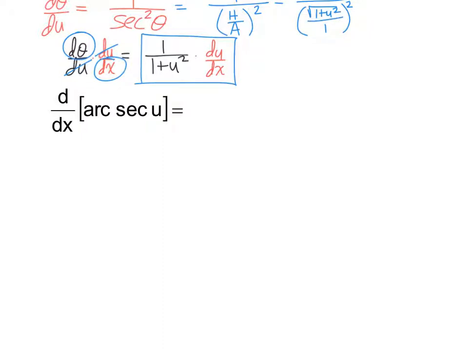So again, the result of an inverse trig function is always some angle theta. And so we could draw the conclusion that theta is equal to the arc secant of u. All right. The idea being, again, that we don't know what the derivative of the arc secant is.